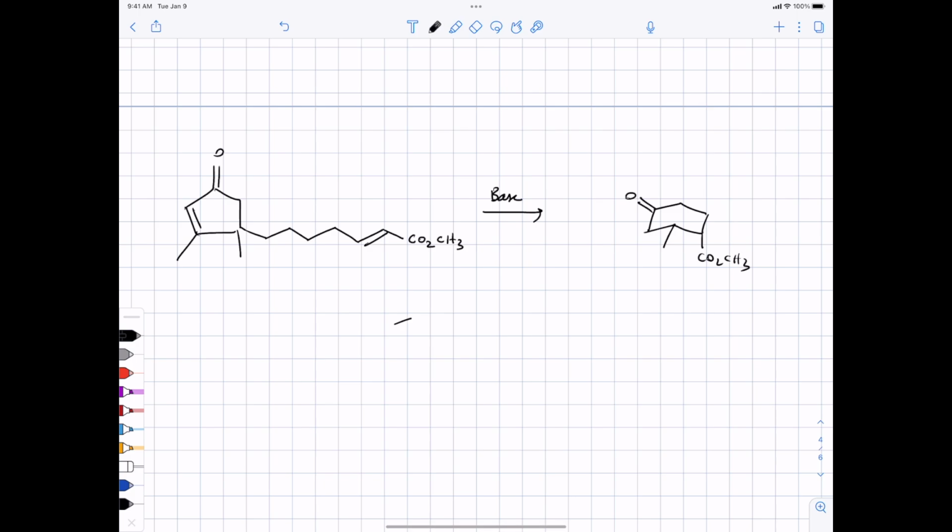CO2 Ch18, by the way, if you haven't learned that yet, is just an abbreviation for that ester. Ooh, fun. That's not very pretty. Let's try that again.